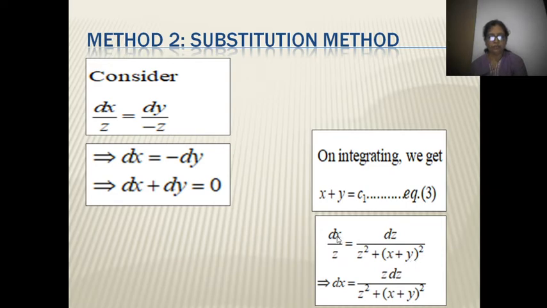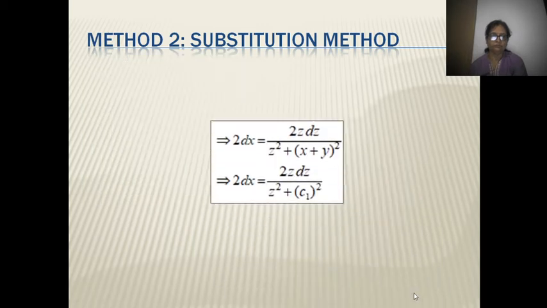We cannot separate the x and y here because x plus y whole square, that means here the xy term is there. Therefore we apply here the substitution method. We substitute x plus y equal to c1, which is the first required result. That means u equal to c1, this first solution. Here x plus y equal to c1, we substitute.